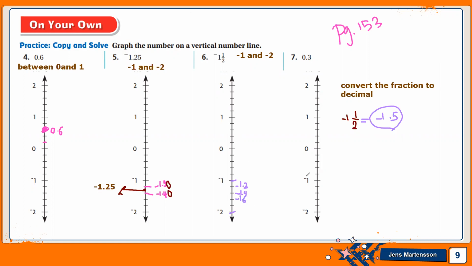Where is negative 1.5? Between negative 1.4 and negative 1.6. Thank you. It's somewhere here. Thank you so much.